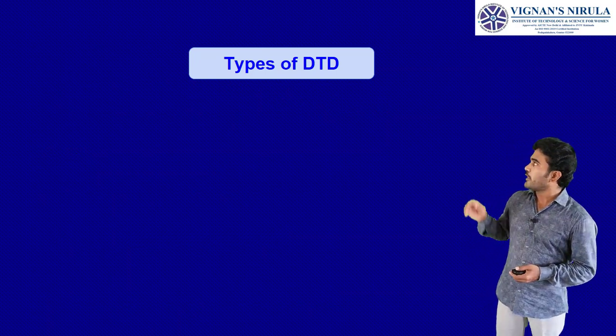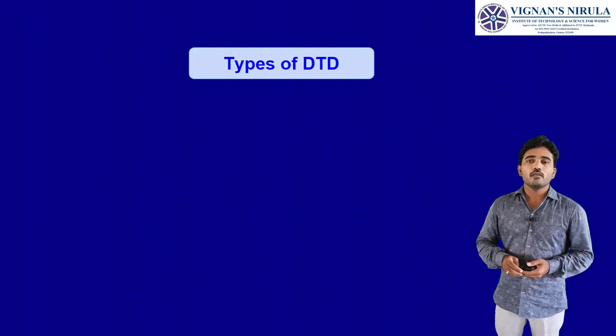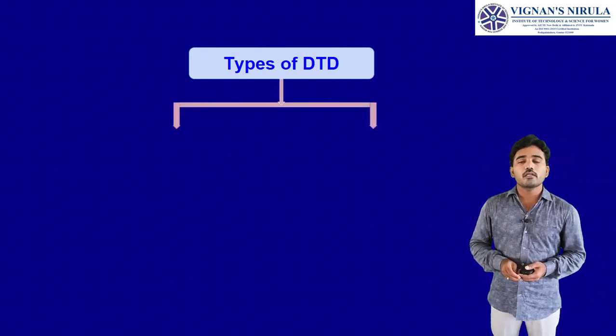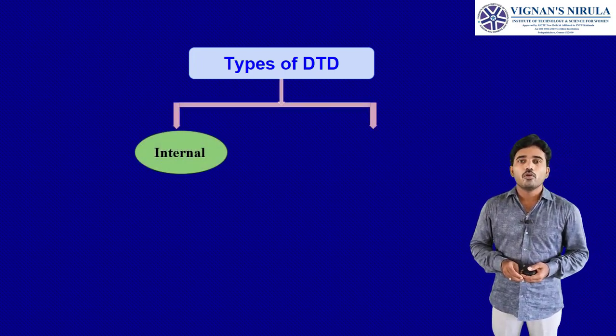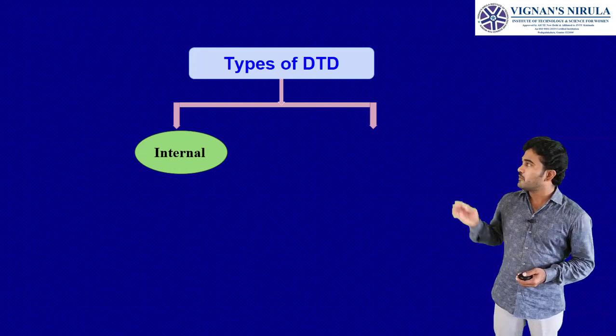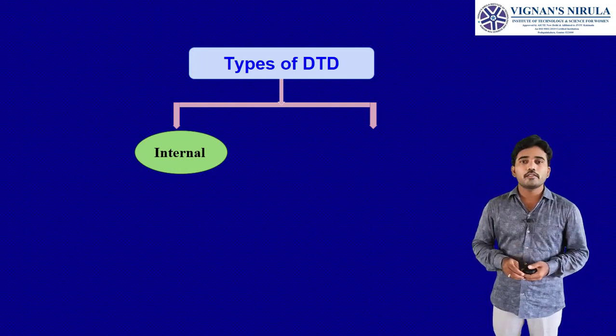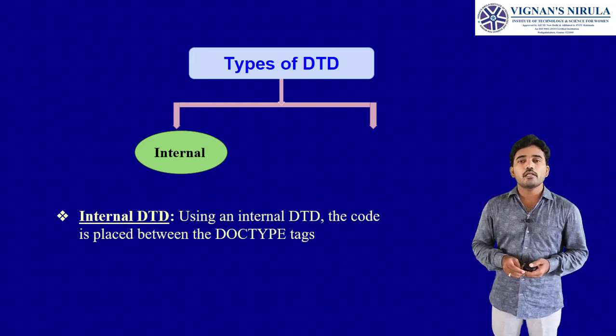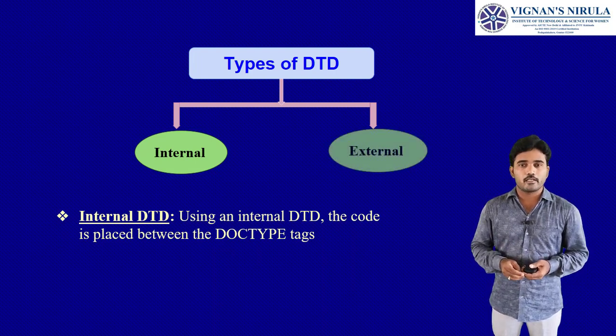Understood? So what are the types of DTD? This document type definition is divided into 2 types. The first one is internal DTD. What about this internal DTD? Using the internal DTD, the code is placed between the DOCTYPE tag.